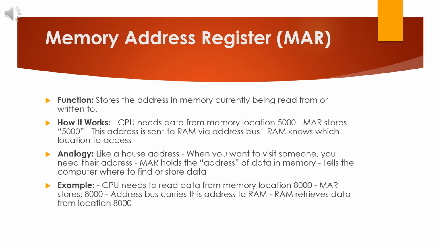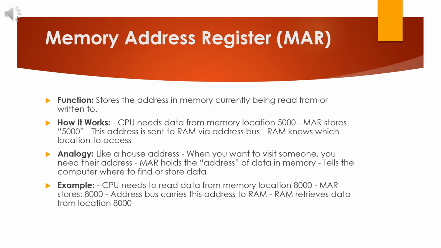Now let's look at the first of our specific registers, the memory address register, or MAR. The primary function of the MAR is to store the specific address in memory that is currently being read from or written to. Think of it as the CPU's way of pointing at a specific location.